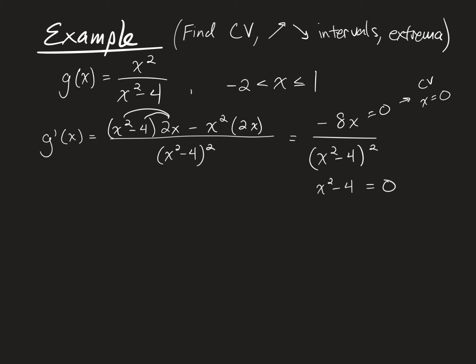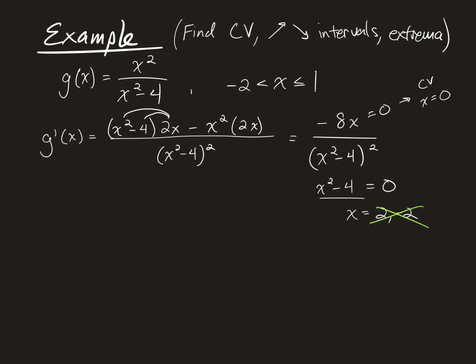You can factor this by difference of squares and solve each factor to get x equals 2 and negative 2. But right away this time, we can tell neither of these work because they're not in the interval we're interested in.